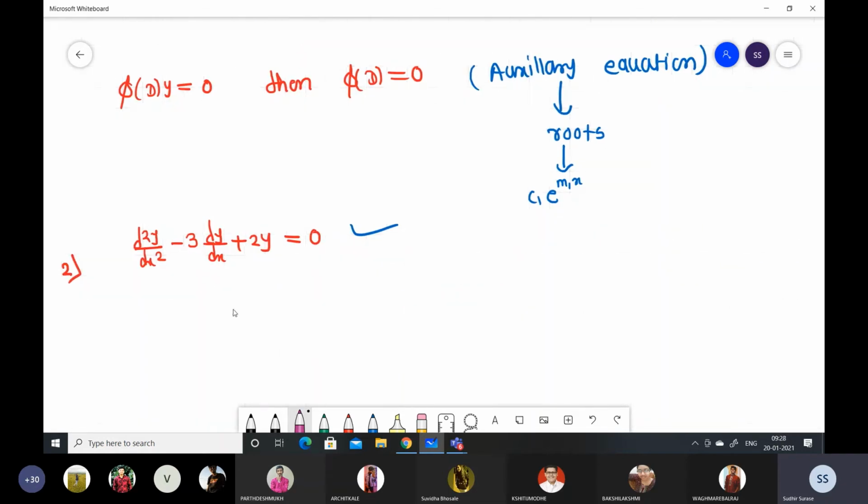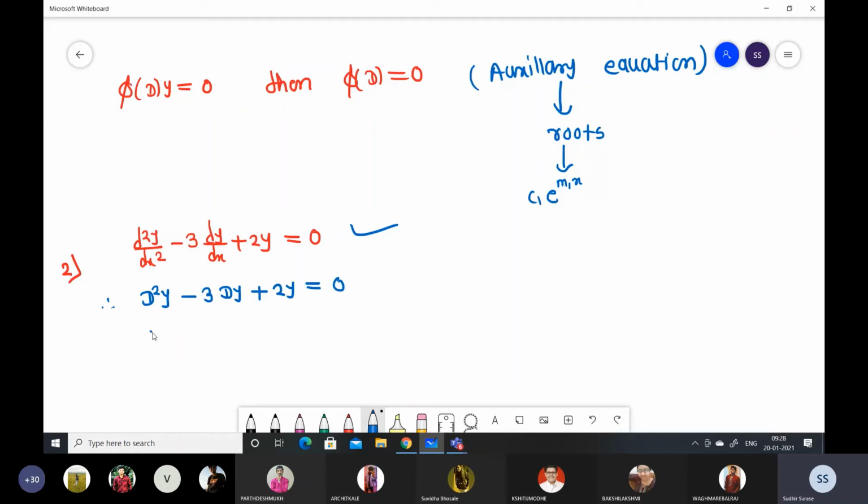We have to use the notation capital D. After using the notation, it will be D square y minus 3 Dy plus 2 times y equals 0.